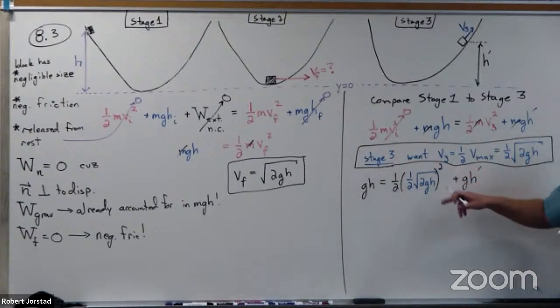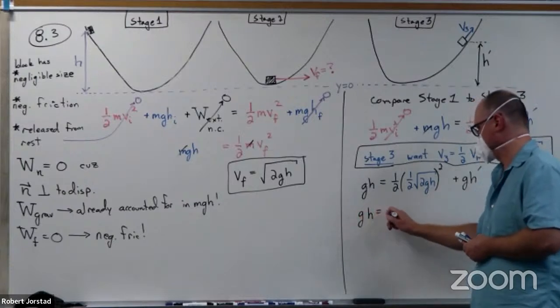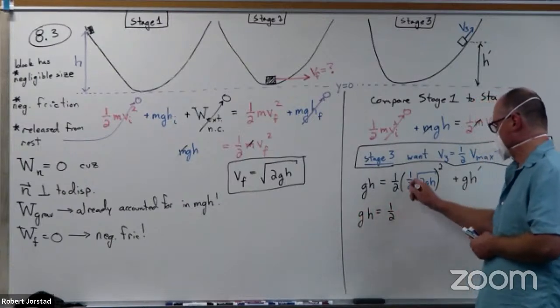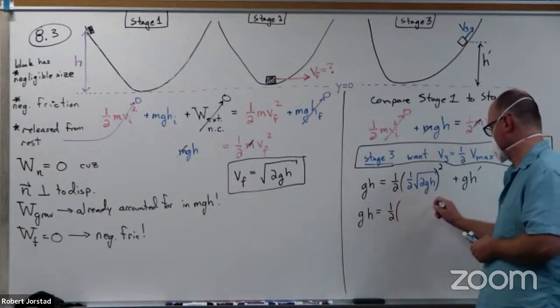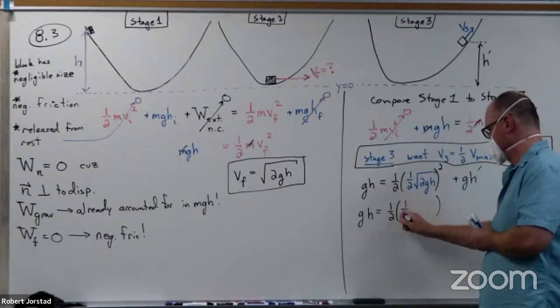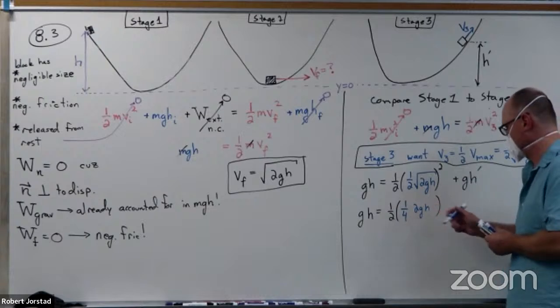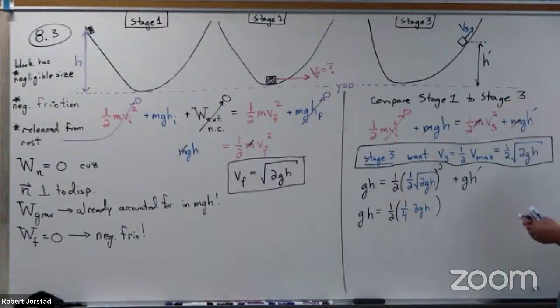Now I can square this and not screw it up. Half squared is 1/4. This thing squared gets rid of the square root. So that's what I mean, try not to do too much in your head. It's not that you can't do it in your head. It's that sometimes we're tired and we screw up.